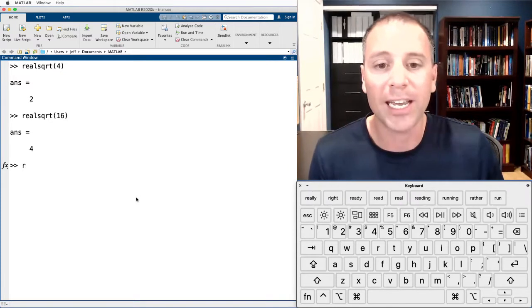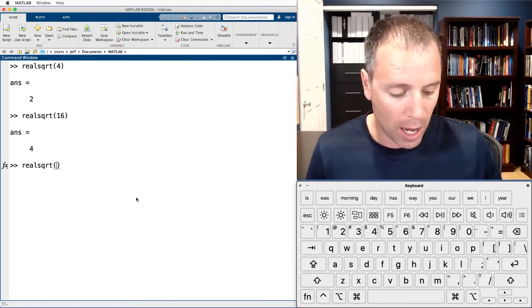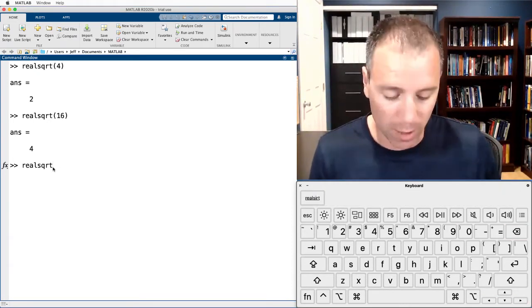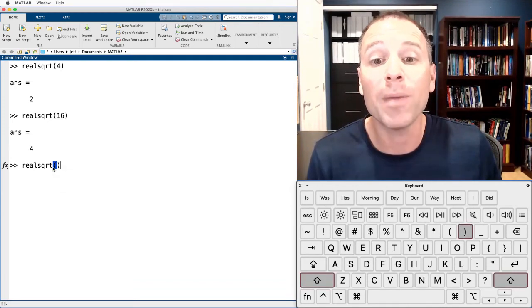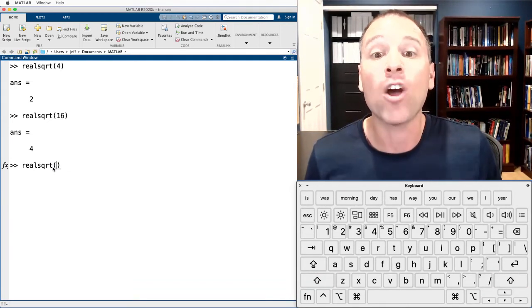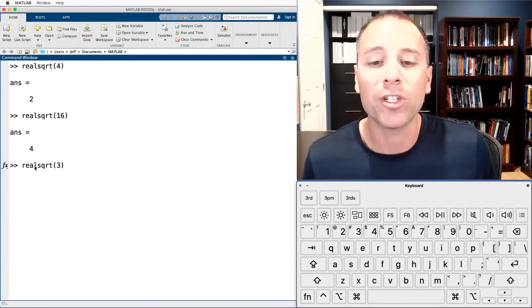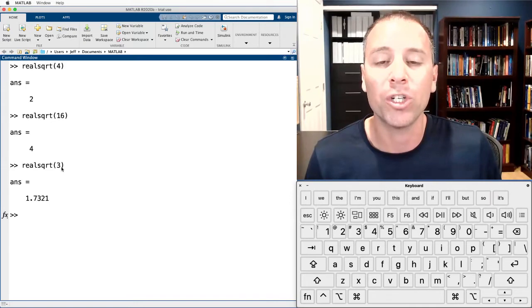Suppose that I wanted to take the real square root of the number 3. Notice that in my case, I'm using that trick we talked about in a previous video. The moment I do an open parentheses, I also immediately do a close parentheses, and then I go back inside those parentheses to type the input. Here I have my function name, followed by the open parentheses, the input or argument to my function, and the close parentheses, and then I can push enter.